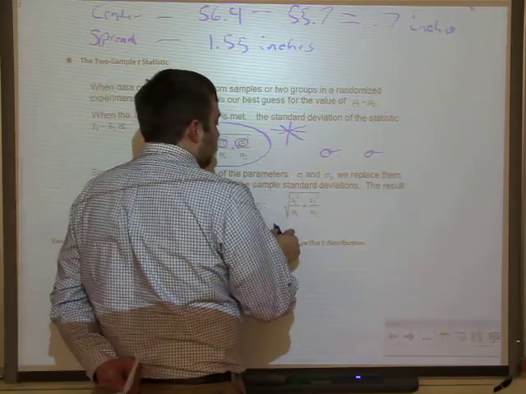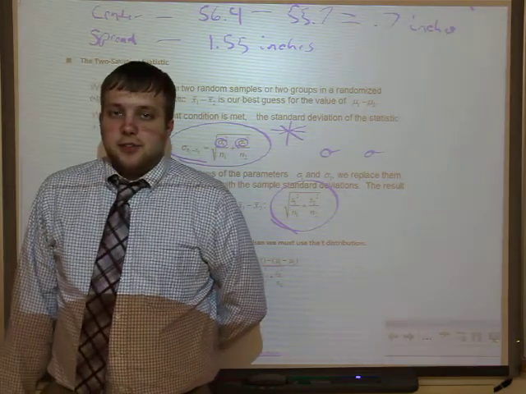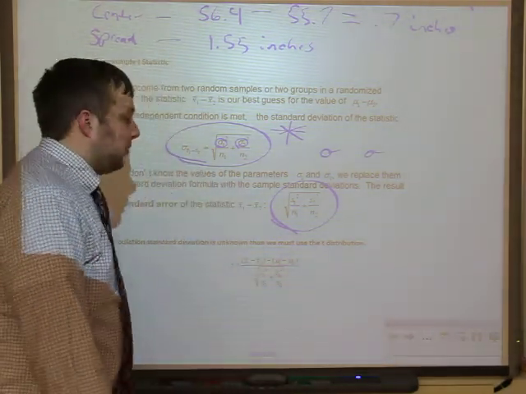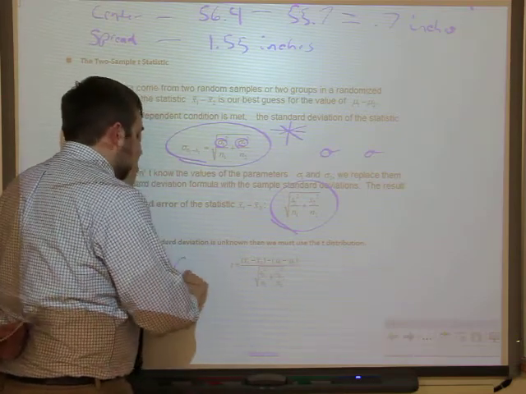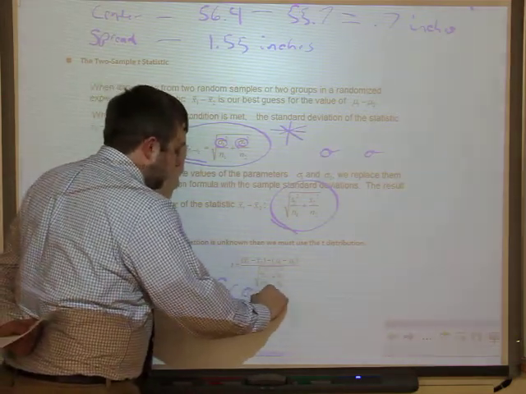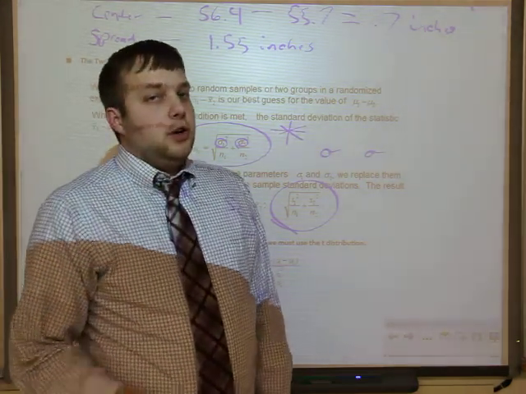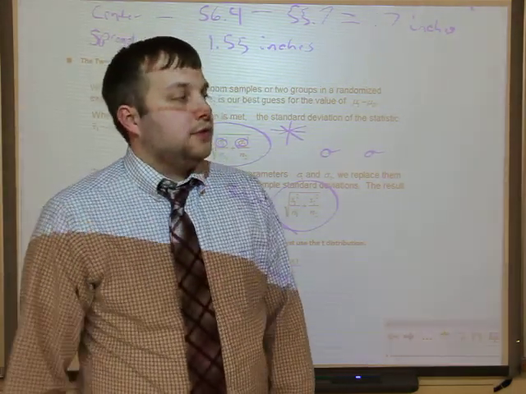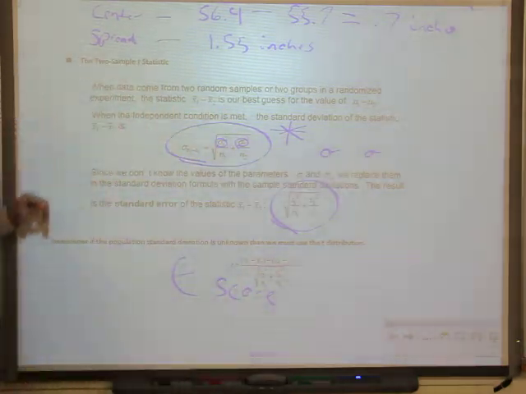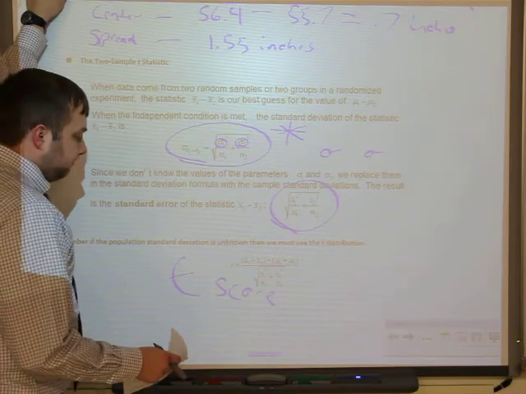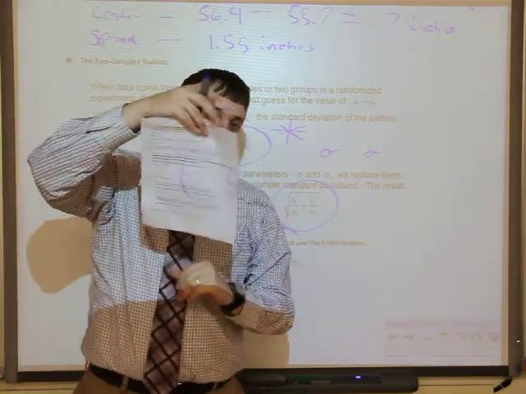So therefore we will be using S. And when we have S, there's always somebody that tags along with sample standard deviations, and that is my t-score. So no more z-scores. Remember, z-scores only work for percentages and if we know our true population standard deviation. Moving on, page number 2, flip.